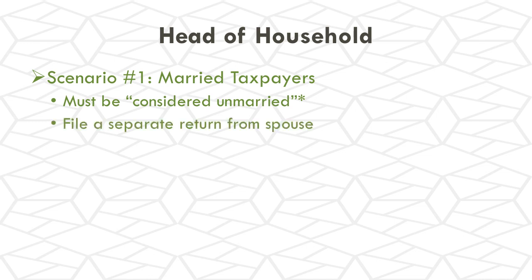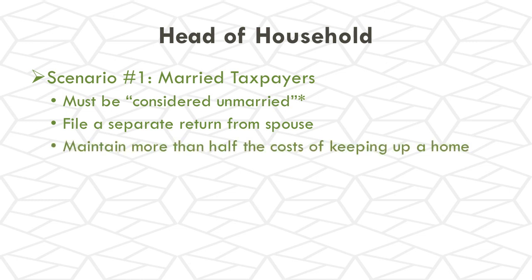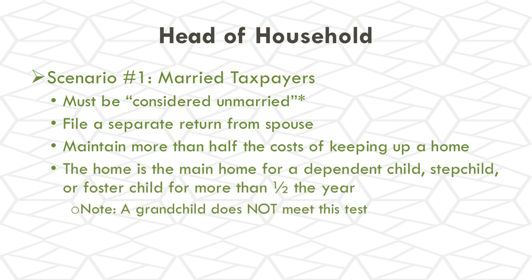The taxpayer must file a separate return from their spouse. The taxpayer must maintain more than half the cost of keeping up a home. And the home must be the main home for a dependent child. So that would be a dependent child, stepchild, or foster child.